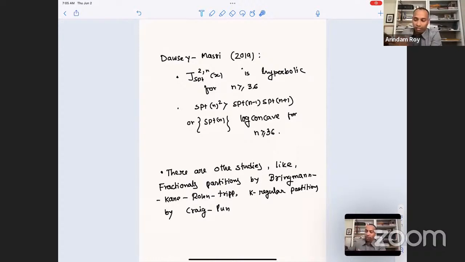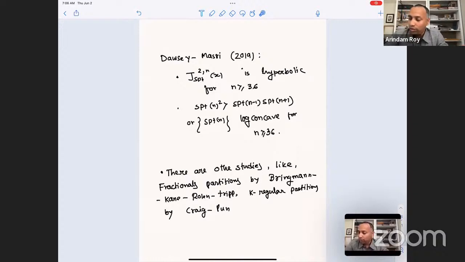Now, I just mentioned three functions: the partition function, the overpartition, and the smallest parts function. There are some studies on other partition functions. I don't want to mention all of them, but these have some arithmetic structure. All of them satisfy certain congruence relations, and their generating functions satisfy some kind of modular transformation.